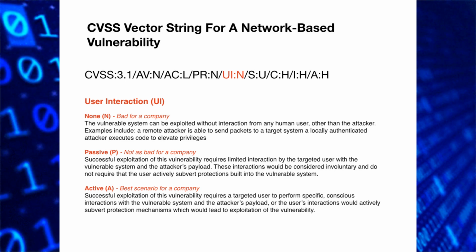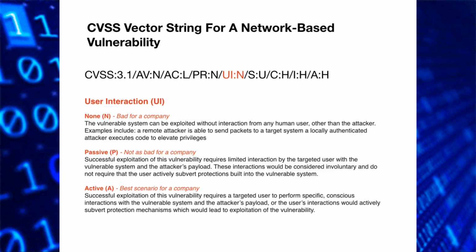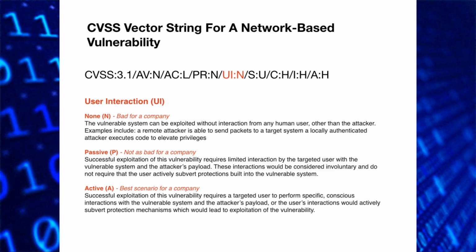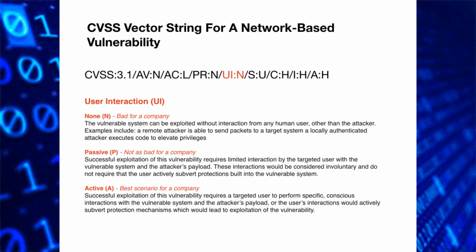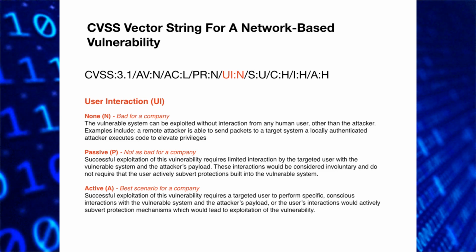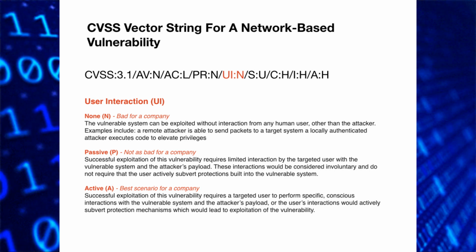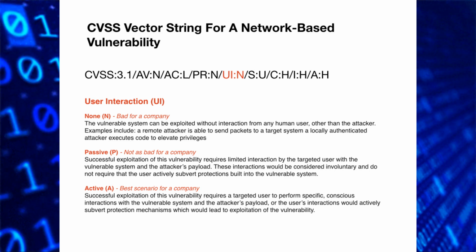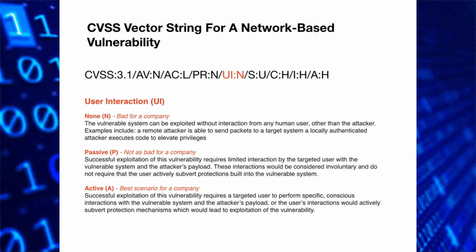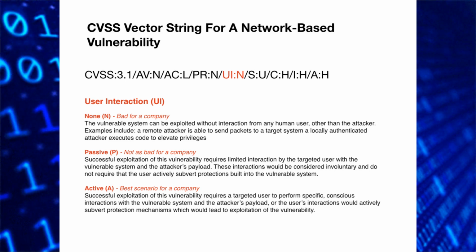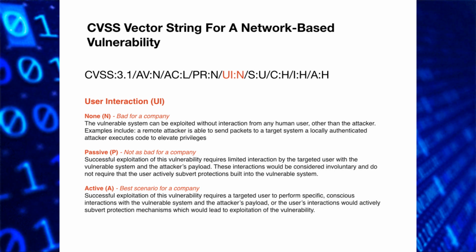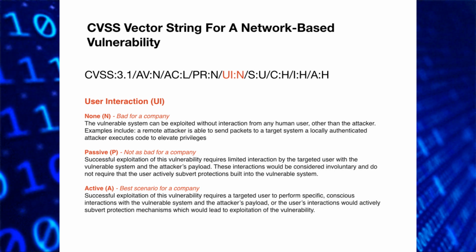UI stands for user interaction. If it has the letter N after it, which means none, that is bad for a company. The vulnerable system can be exploited without interaction from any human user other than the attacker. Examples include a remote attacker who is able to send packets to a target system, or a locally authenticated attacker who executes code to elevate privileges. R stands for required, which is not as bad for a company.